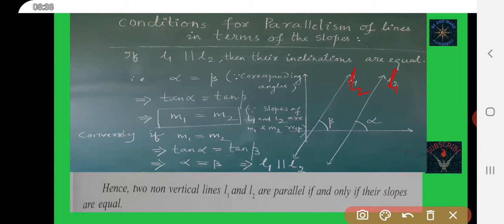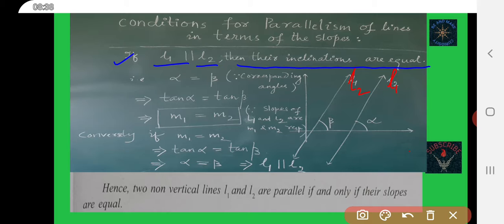Here you see two lines L1 and L2. The angle of inclination of the line L1 is alpha and the inclination of line L2 is beta, and if L1 is parallel to L2, then their inclinations are equal.